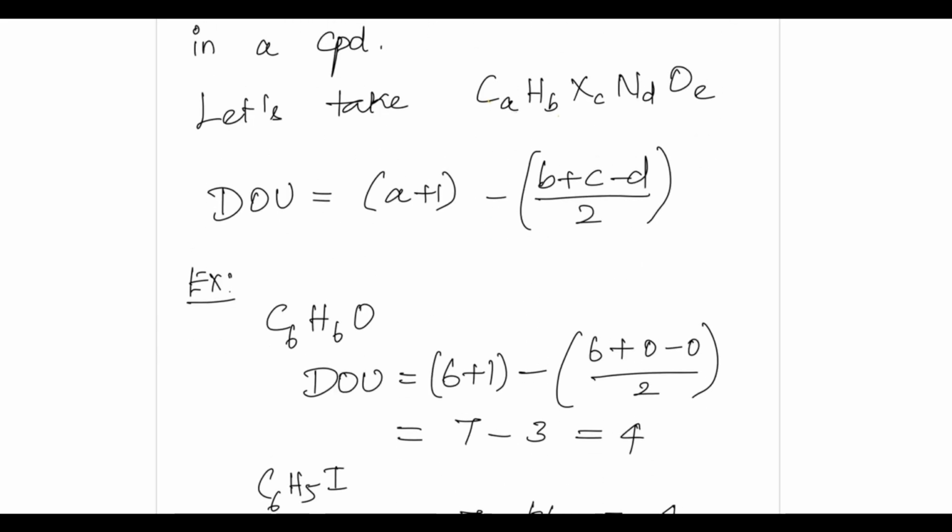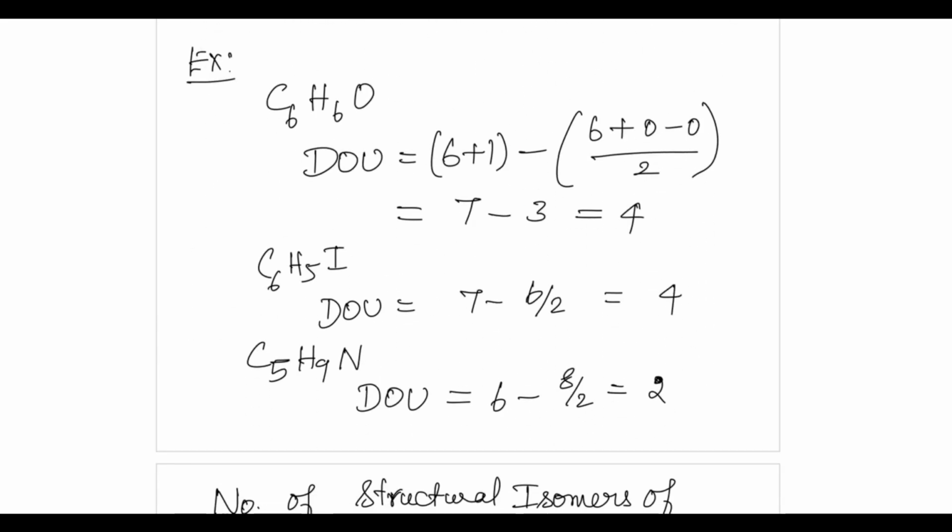If you're substituting number of atoms over there, like let's take C6H6, A plus 1, right? 6 plus 1 minus B plus 0 and 0 divided by 2, which will give you 4, which means I can have 4 unsaturation or a ring system in C6H6O.